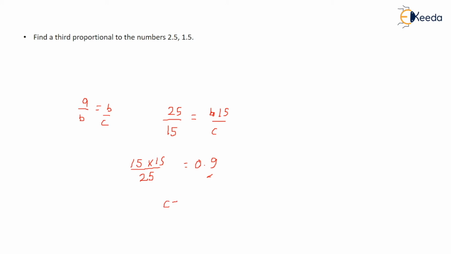So the value of C, or the third proportional, is 0.9. Simple. I can write it like this in order to solve it fast. After writing it this way, I just solve it and put the point before the actual answer because there are decimal points. Okay, let's move towards the next question.